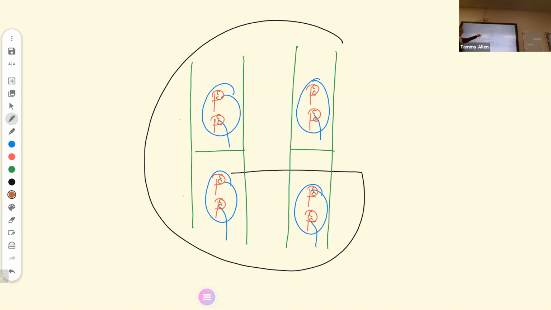Four. Here's 1 quart. How many cups are in a quart? Four. How many cups are in a half gallon? Eight. How many cups in the whole gallon? 16.